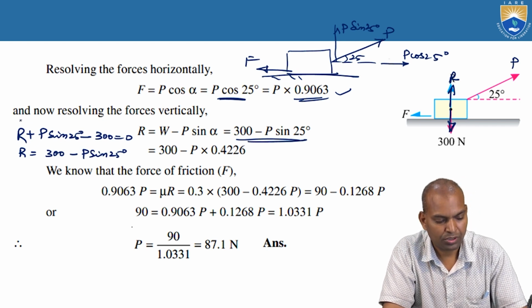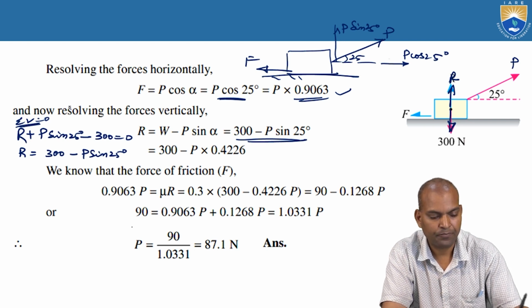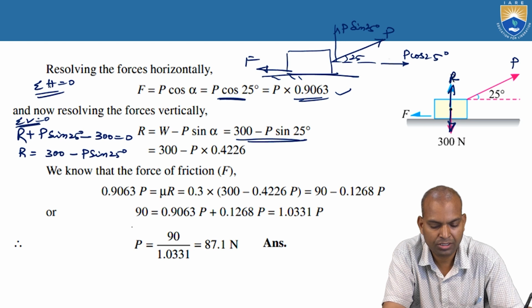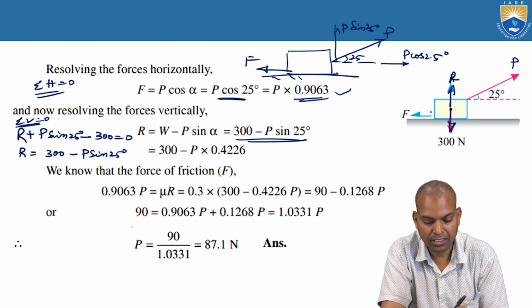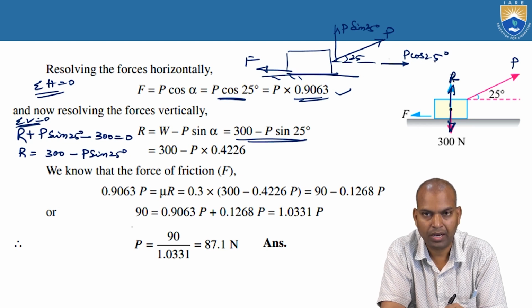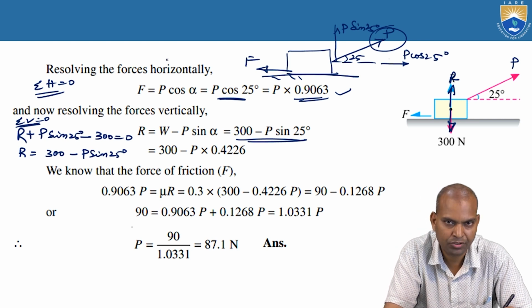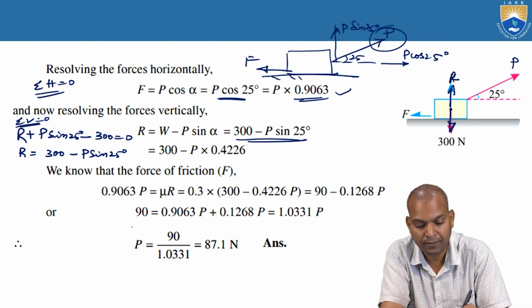Here we used sigma V equals 0, the vertical equilibrium equation. Here we use sigma H equals 0, the algebraic sum of all horizontal forces equal to 0. F and P cos 25 are both horizontal. The effect of P is divided into two components: P cos 25 is the horizontal component and P sin 25 is the vertical component.